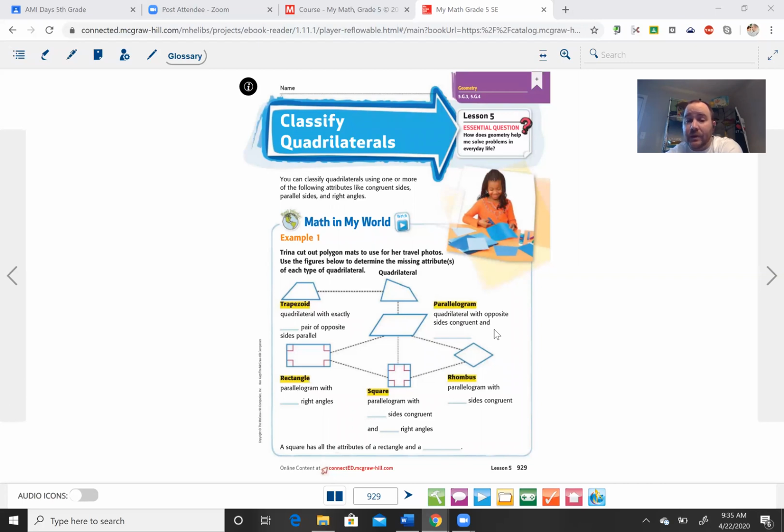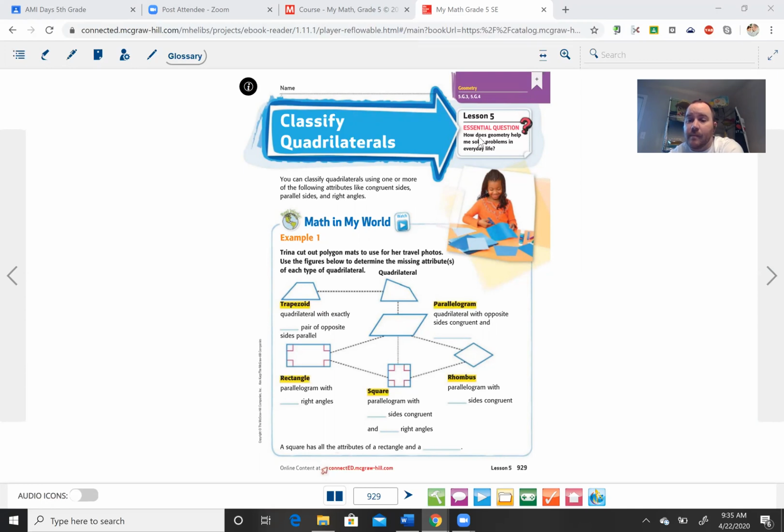But that branches off into the rectangle, which has four right angles, opposite sides the same size. But the rhombus has all four sides the same size, but the angles don't always match up perfectly. And then the square has all four sides the same and all four right angles.